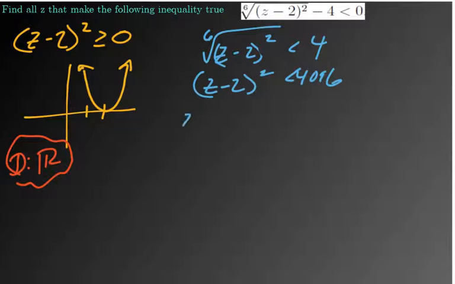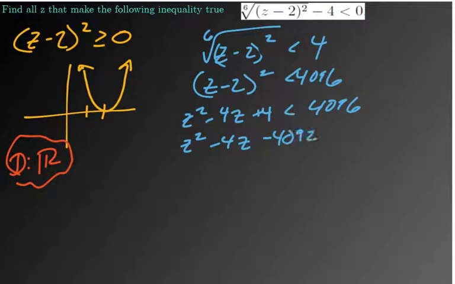Square that thing out, and you'll get z squared minus 4z plus 4. Then if you put everything on the same side, I would move it to the left just to keep everything positive, and so we get another quadratic inequality. This one I would just do with the quadratic formula because c is so large, so I wouldn't bother trying to factor it.